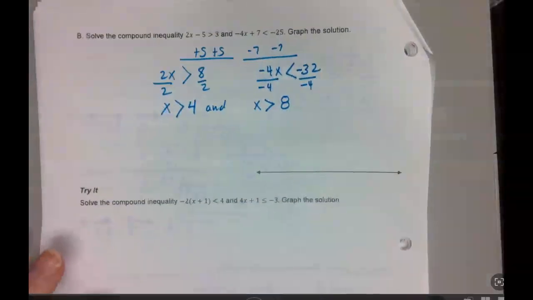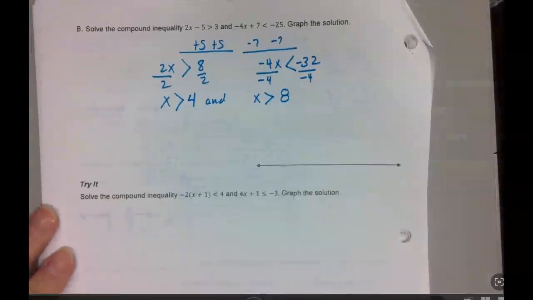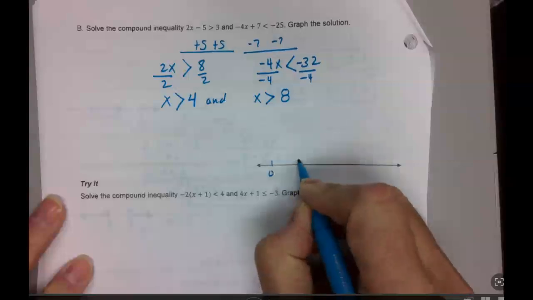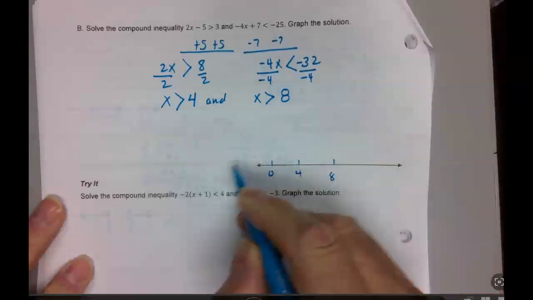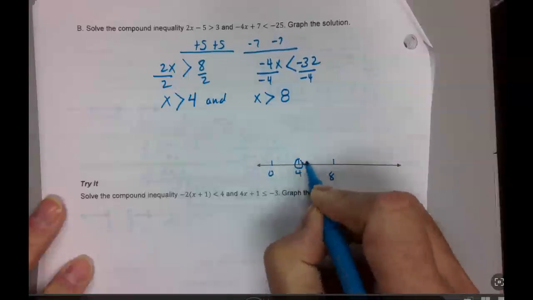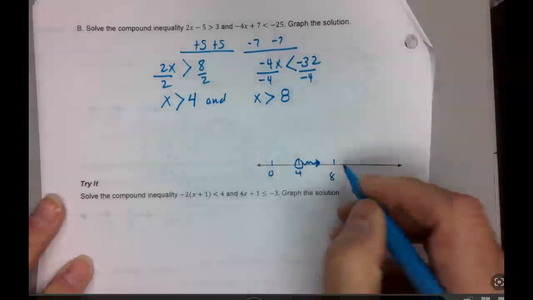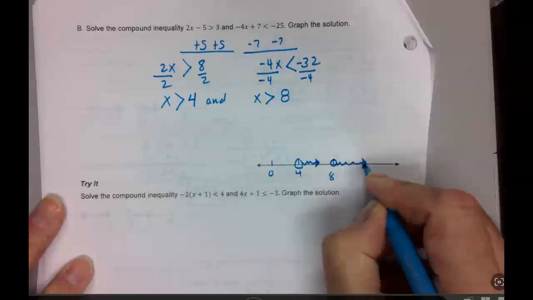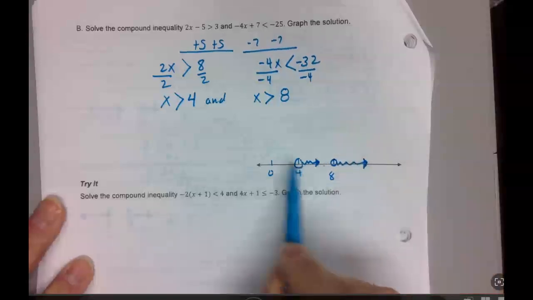So remember, this is where they intersect. So we have 0, 4, 8. X is greater than 4 is going this way, and x is greater than 8 is going this way. So the only place they intersect, they don't share points down here. This is an AND.